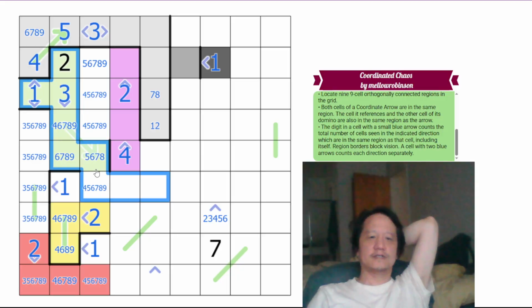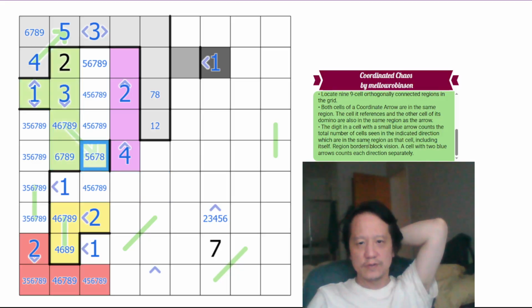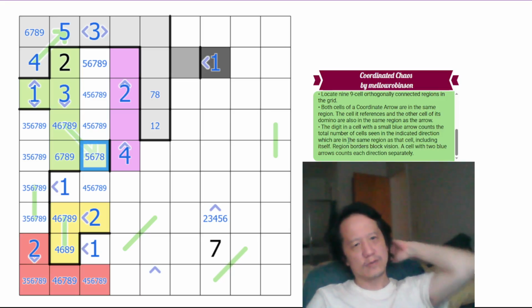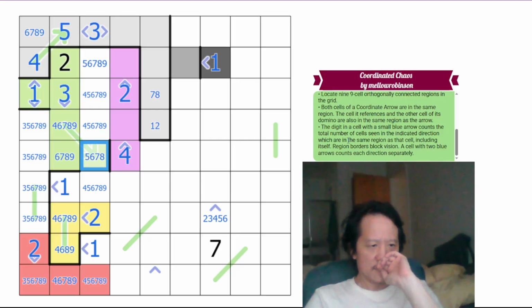Yeah, this says it has to be in the same region. No, are also in the same region as the arrow. Hmm.